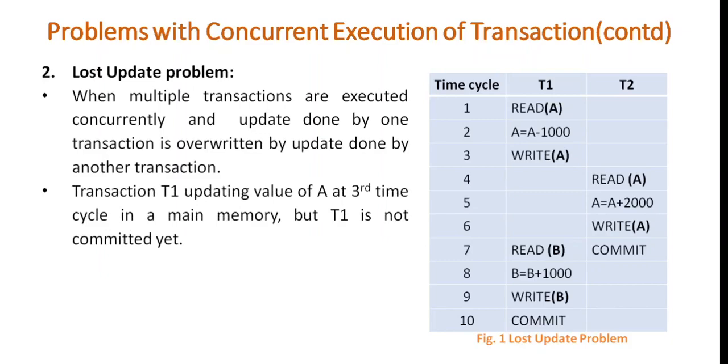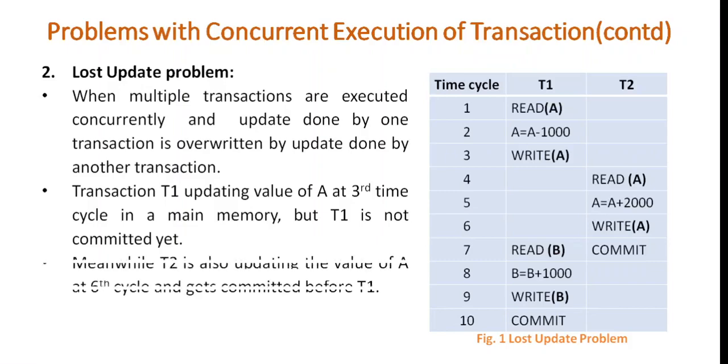Now here T1 is updating the value of A at the third time cycle in main memory, but T1 is not completed. T1 is not committed because T1 has more instructions to execute. And T2 is also updating the value of A at the 6th time cycle. In T2 at the 6th time cycle, it is writing the value of A, and immediately after writing that value, it is committing at the 7th time cycle.